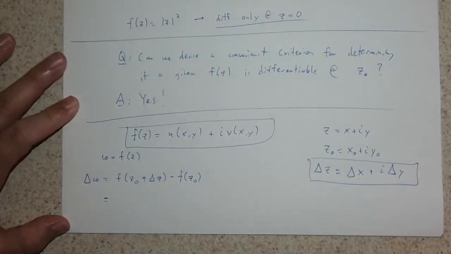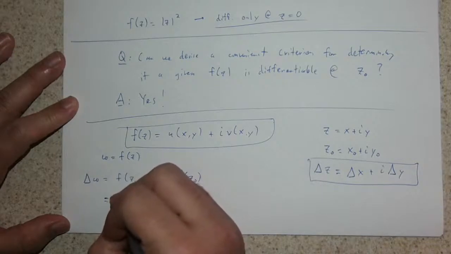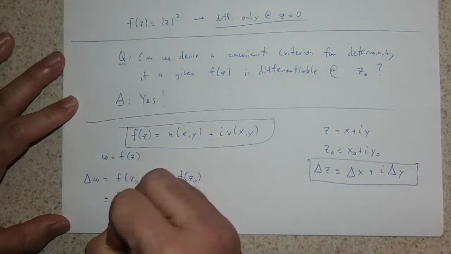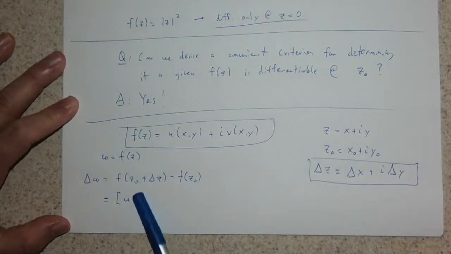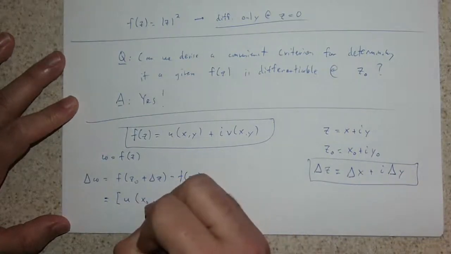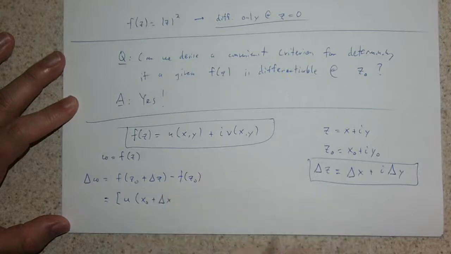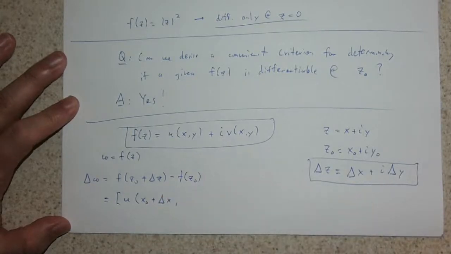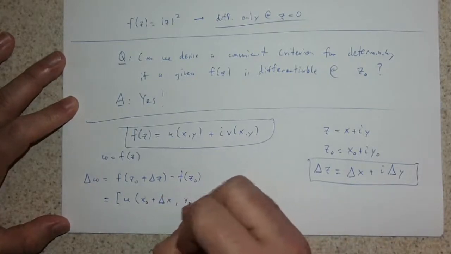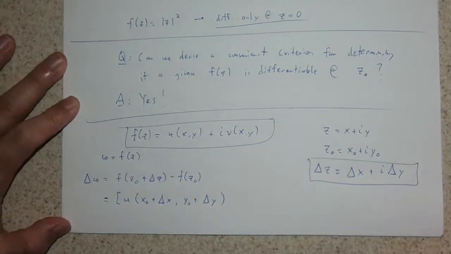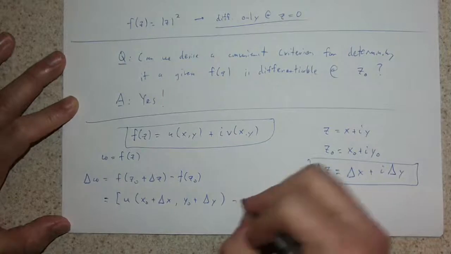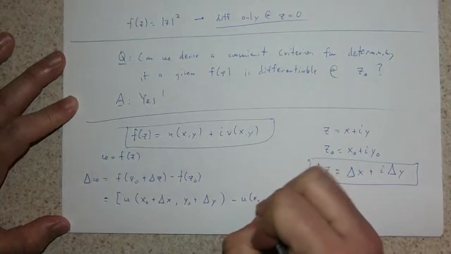So this is u of x naught plus delta x in the x slot, y naught plus delta y in the y slot, minus u of x naught y naught.